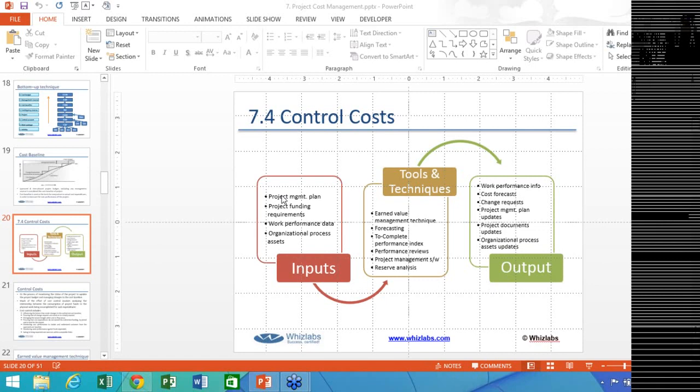Can the project manager visualize where exactly he is, and can he assess and finalize, yes, I can go this way to complete the project? Is there any such process or path it shows in control cost?